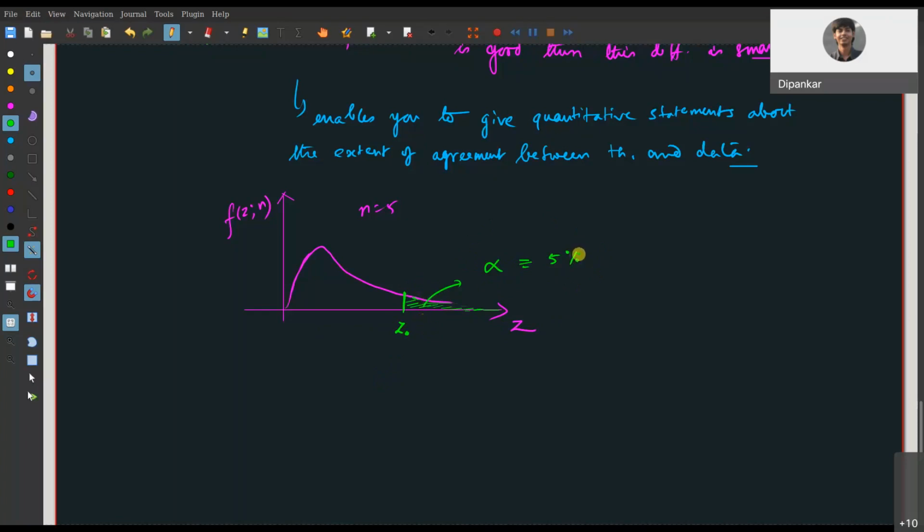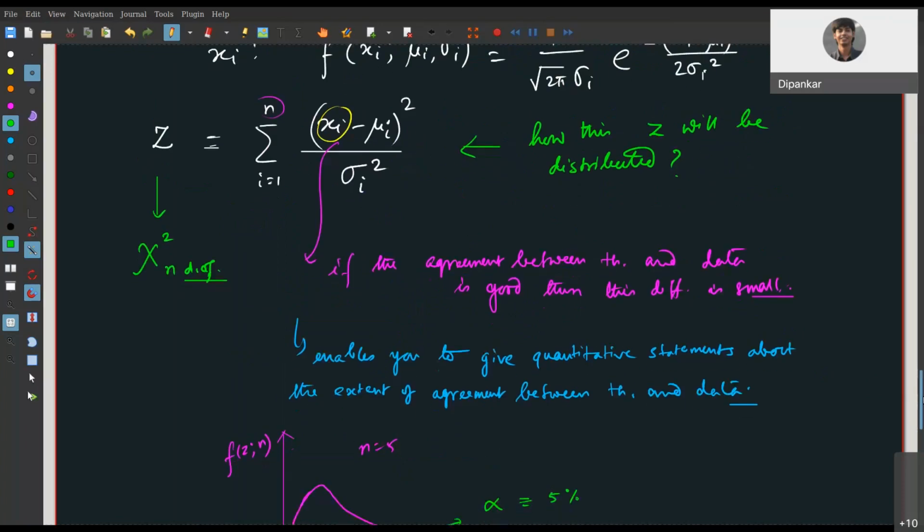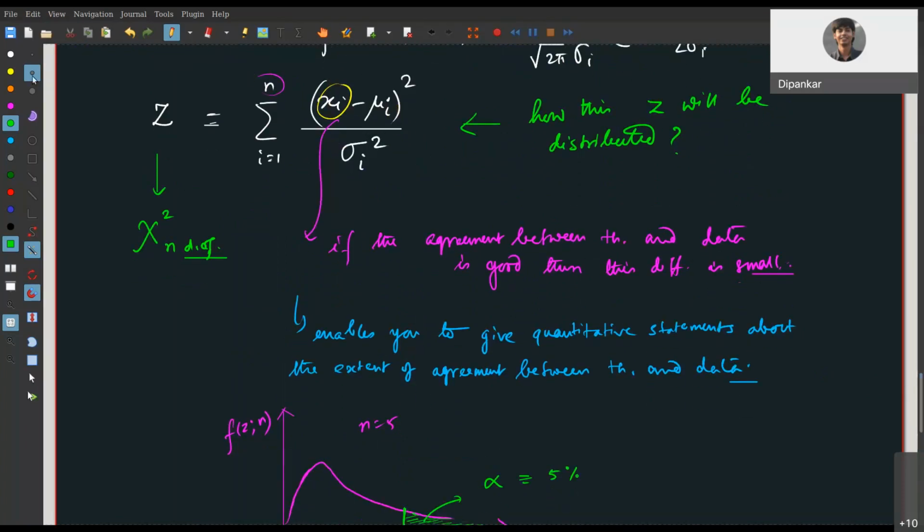So you can translate this into a statement.